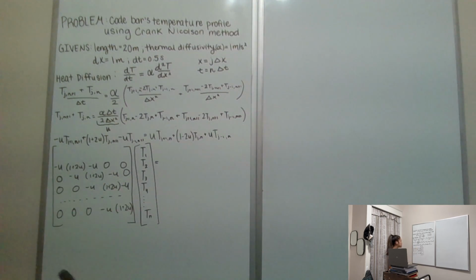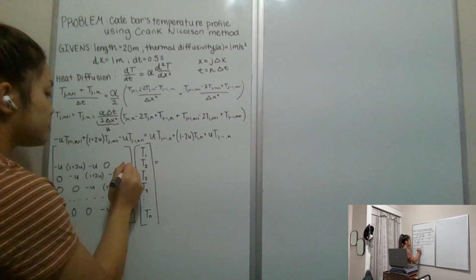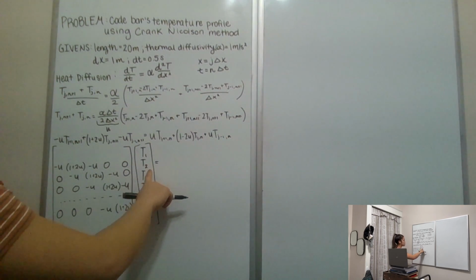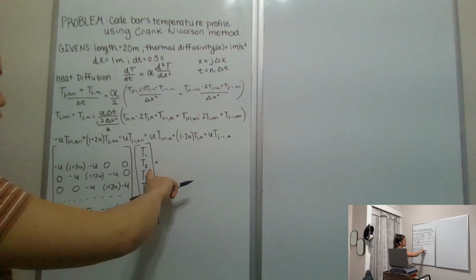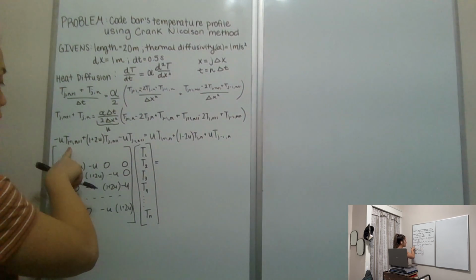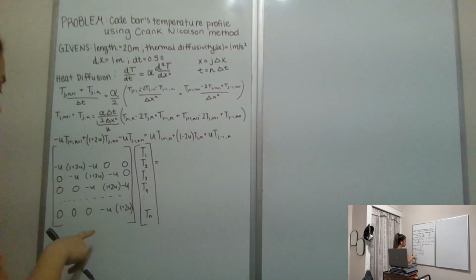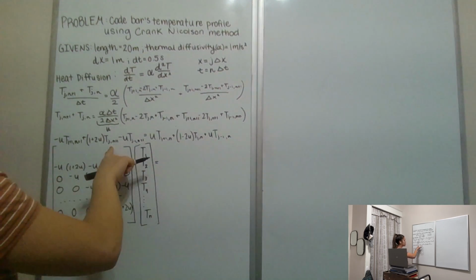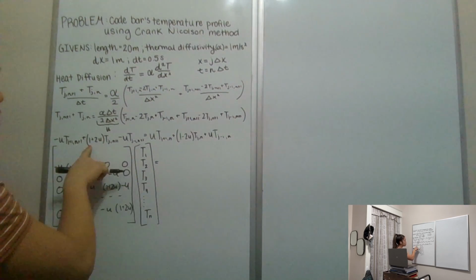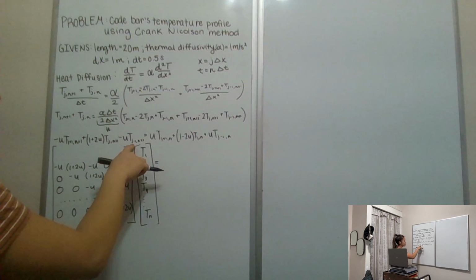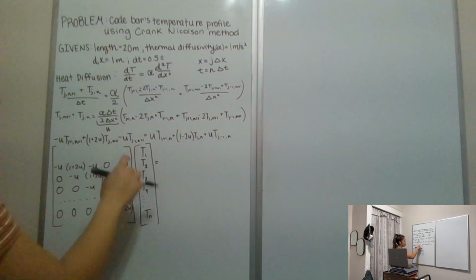And so that's the left-hand side of the equation, the matrix, excluding the first one. And so the reason for this is because for the temperature at 2, so j is equal to 2, at j plus 1, or the third temperature, we would have a negative u, and then at j, we would have 1 plus 2u, and then at j minus 1, so at the first temperature, we would have a negative u.